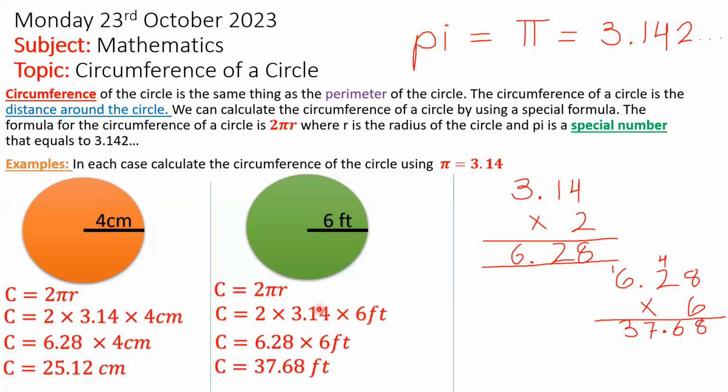Okay, so first of all, you have to understand that it's a formula that we're using. The formula is 2 times pi times r. This is the formula we use when we're trying to find the circumference of the circle. The pi in this formula means 3.14.